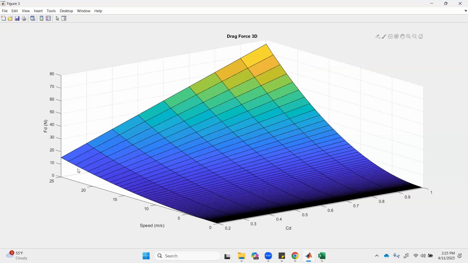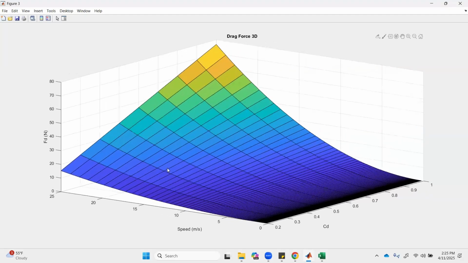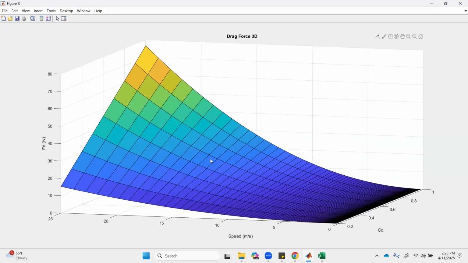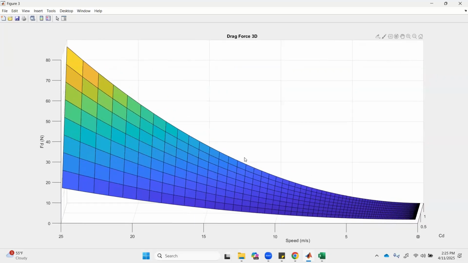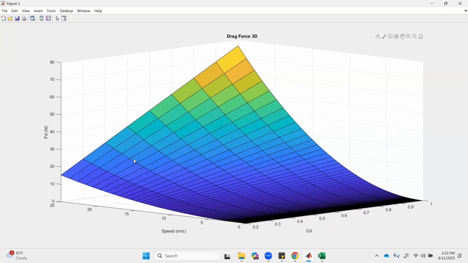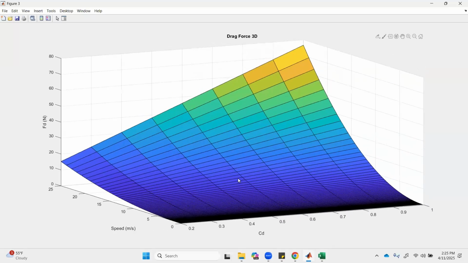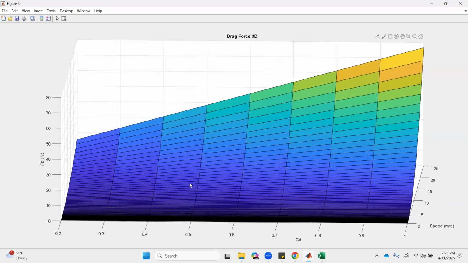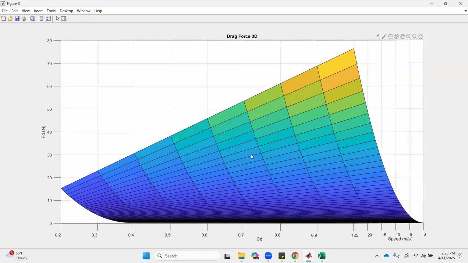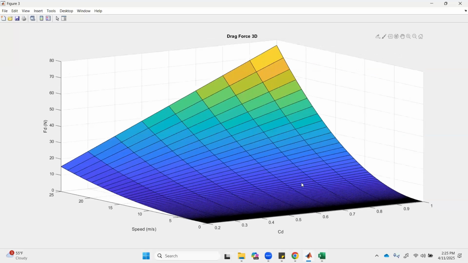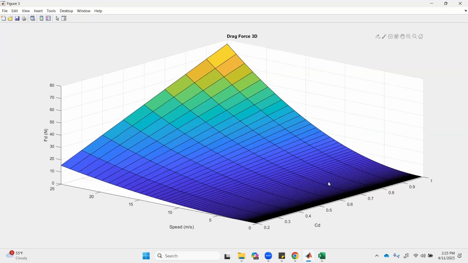That is not a straight line. I'll rotate this around. That is a curved line. It is parabolic. And as the drag coefficient goes up, in that case, we do have a straight line. That is a linear relationship, the force versus the drag coefficient. But the higher your speed and the higher your drag coefficient, the greater the force is. We see that peak right here.